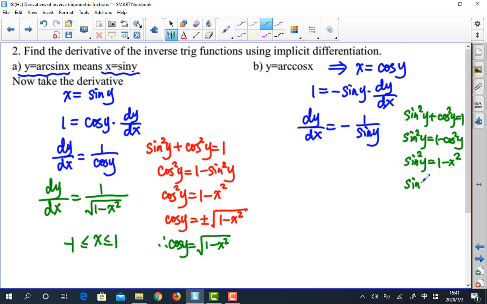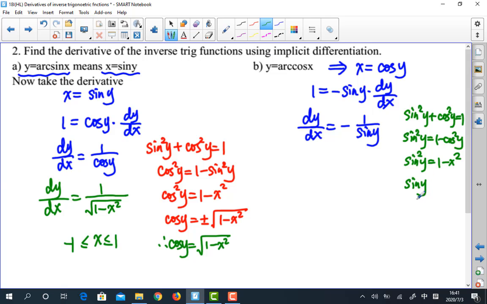Sine y could be positive or negative, but is it possible to have both results? You need to look at it: for x between negative 1 and 1, y has to be between 0 and pi inclusive.